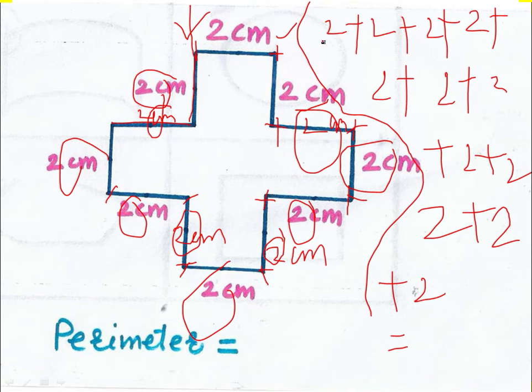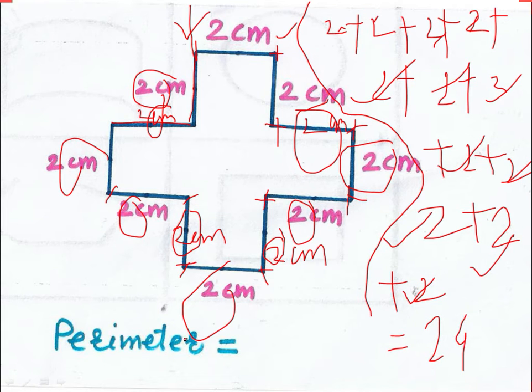Simply your answer will be 2, 4, 6, 8, 10, 12, 14, 16, 18, 20, 22 and 24. So the perimeter of this shape is nothing but 24 centimeter. So this will be the answer of this perimeter.